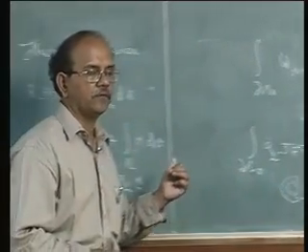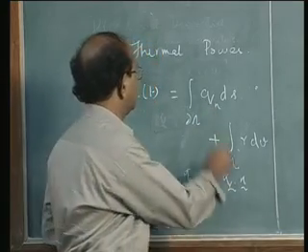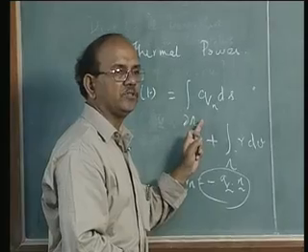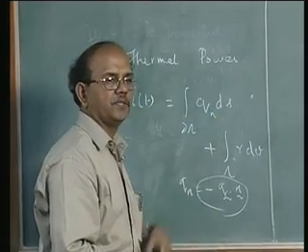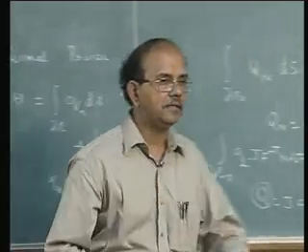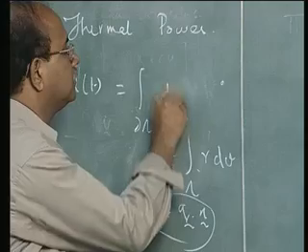First term, if I use the divergence theorem, I replace Qn by this quantity. Why do I use that? I want to remove this surface term and put a volume term there, so that I will get dV.